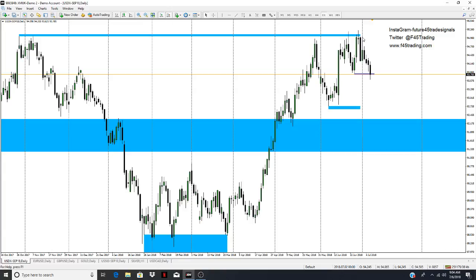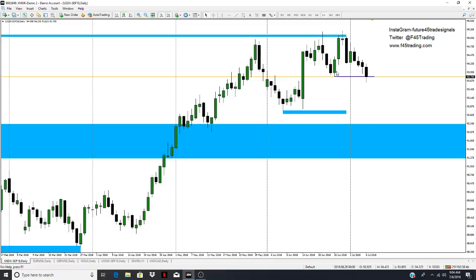So dollar, like we talked about last week, came up and swept this high, and now it's rejected. And we're targeting this low on rejection, and it's swept that right now. So now we're trying to see if this is going to go lower. We have these kind of equal lows down here that would be a downside objective on this right now. So, it'd be interesting to see what happens.